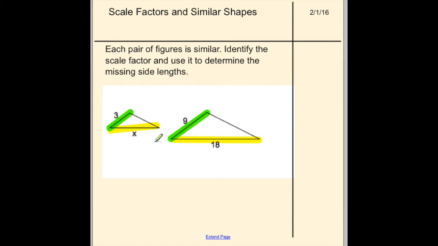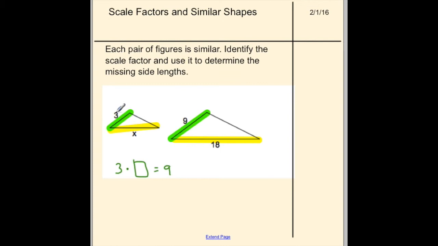So I'm going to use this thought to think about how this smaller triangle scaled to become the larger triangle. In other words, what did I do to the side? What did I multiply the 3 by to give me 9?